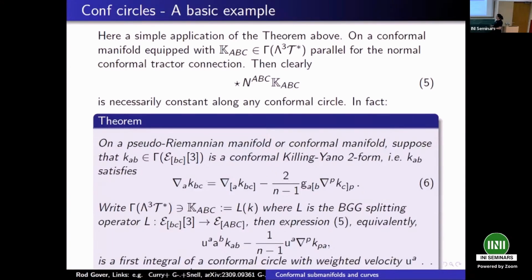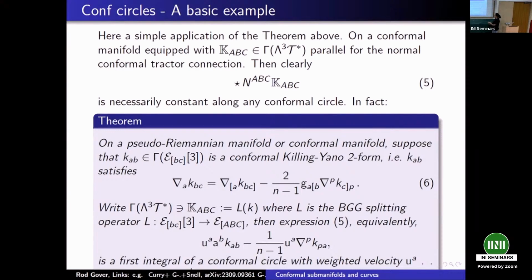What do parallel 3 tractors have to do with the meaning of life? Well, they're linked to Killing-Yano tensors. The parallel 3 tractor has like 4 slots, and the top slot will be a rank 2 skew tensor of conformal weight 3. Those are the weights I was talking about before. And it'll satisfy this Killing-Yano equation, which I've written here explicitly.